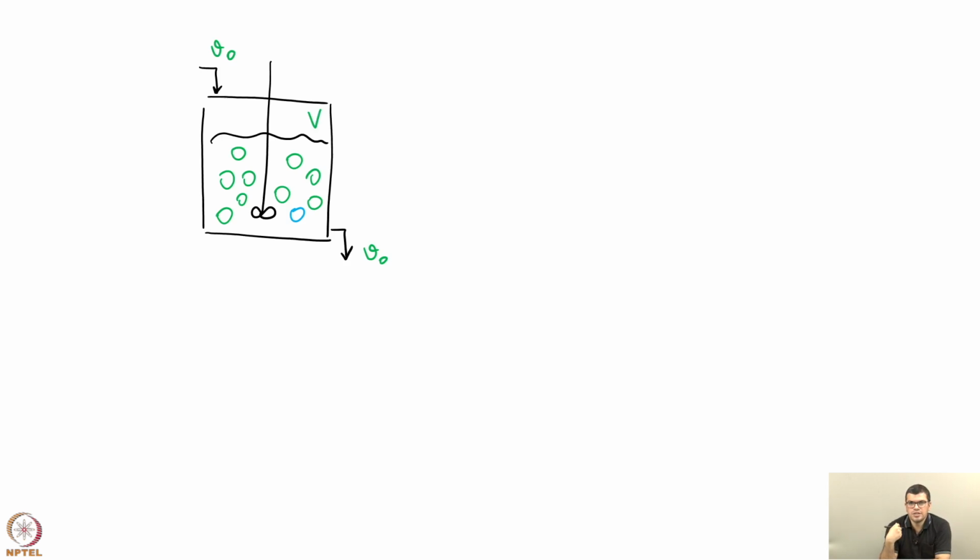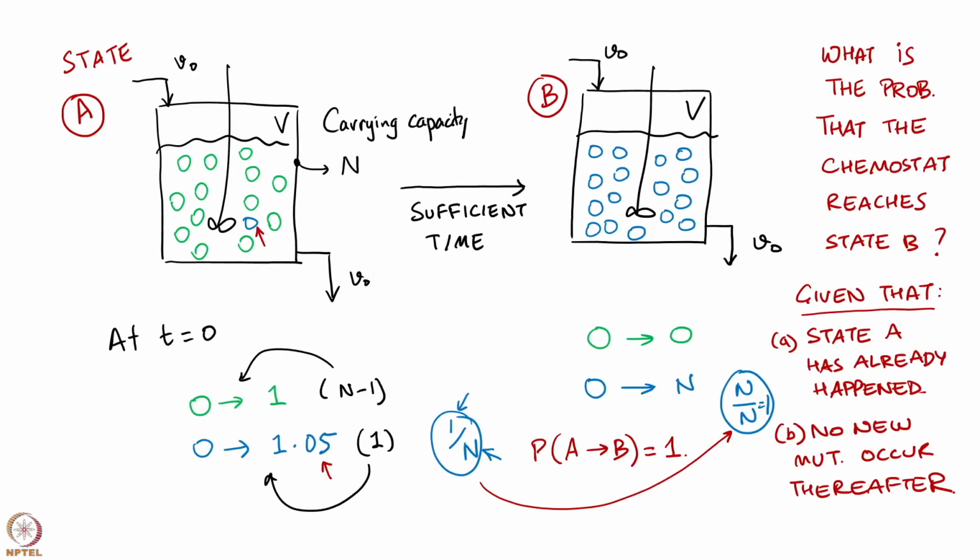If natural selection was the only force acting, then it is correct to say that this transition would happen with probability 1, that it is a deterministic force. More fit individuals are going to replace the less fit individuals and hence this transition will take place.